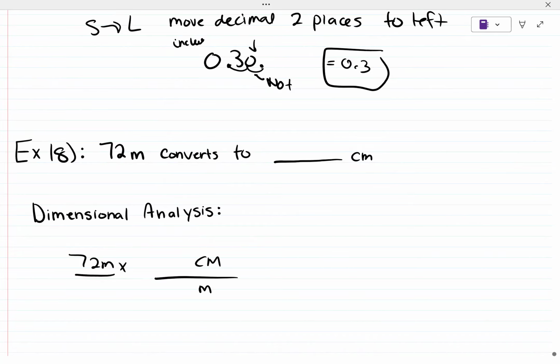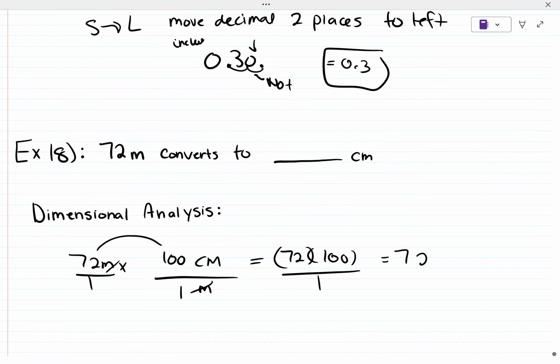What's the relationship between meters and centimeters? For 1 meter, there is exactly 100 centimeters. Then meters disappear, and you just multiply across. So 72 times 100 over 1, and that gives you 7,200 centimeters. You must include these trailing zeros.